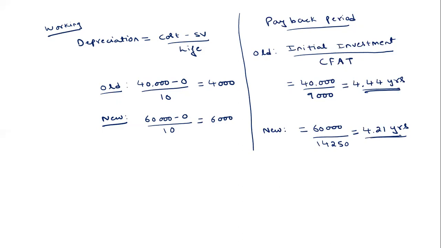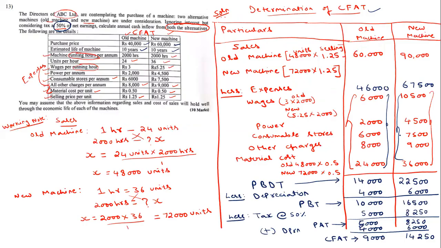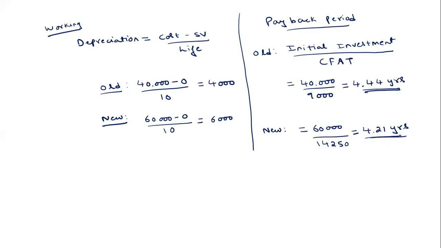Now, if you look at the solution here, we just went with knowing the CFAT, because when we talk about investment decisions, we need cash flow after tax. We need inflows, in simple words. That is what we derived, and we applied a very simple and basic rule for the payback period to check the cash flow we are getting against the investment we are making.